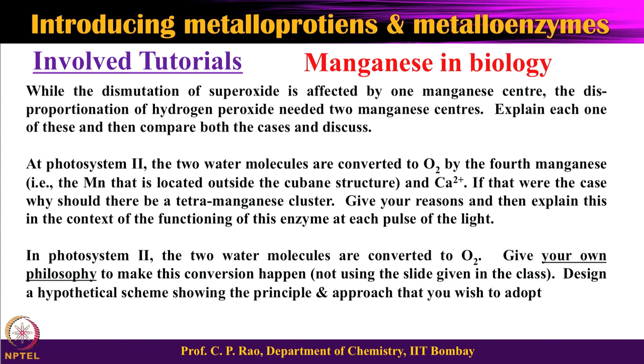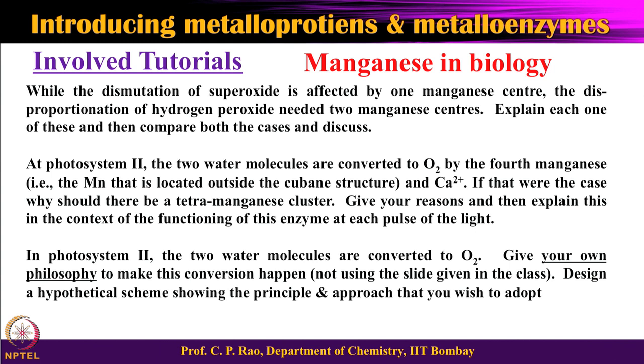Give the reason and explain this in the context of the functioning of this enzyme at each pulse of light. I have already explained that the manganese undergoes one oxidation state change each time, and that is transferred to the neighboring manganese centers in order to have a total catalytic cycle.